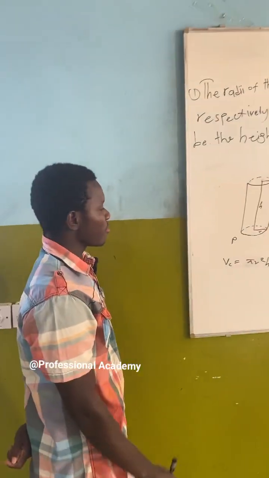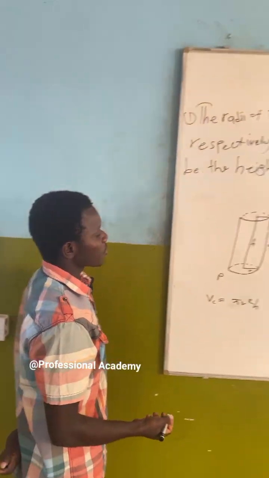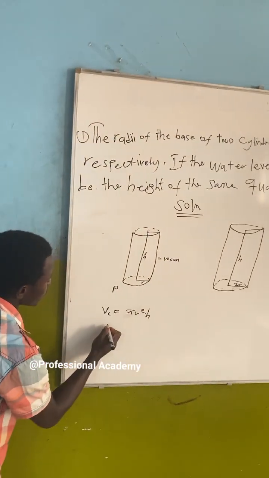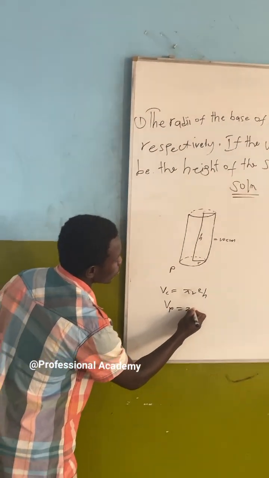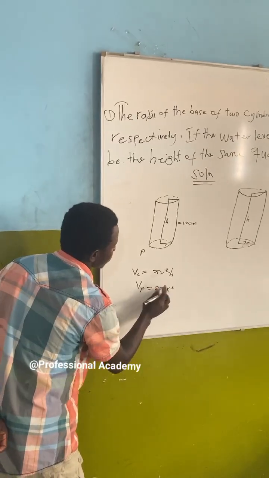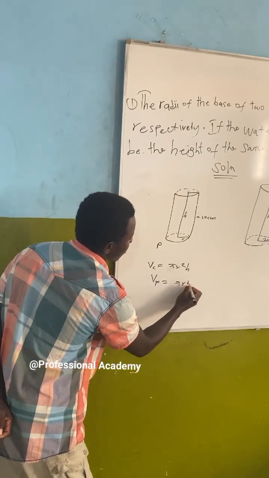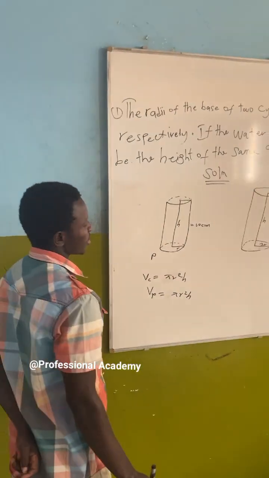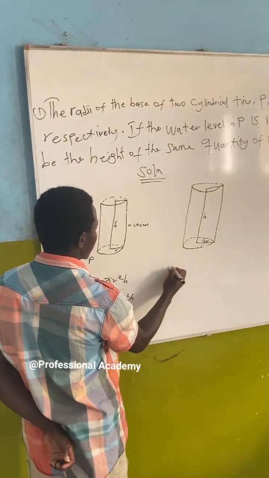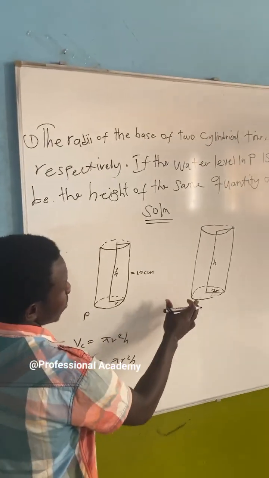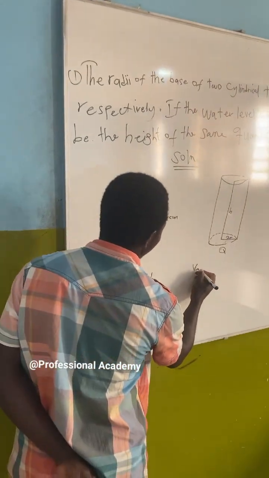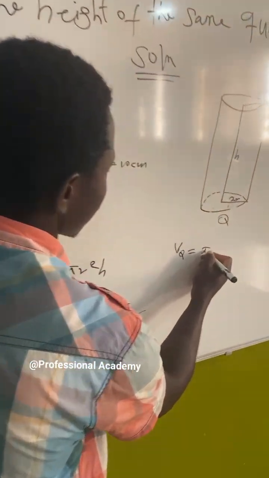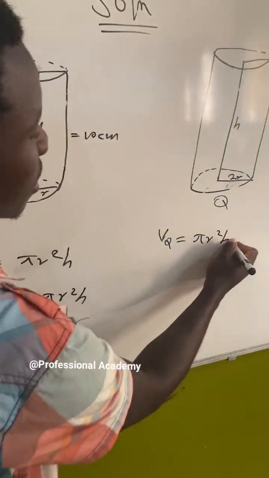So since we are dealing with P, the volume of P is equal to pi r square h. And going for Q, this is our cylinder Q, the volume of Q will be equal to pi r square h.